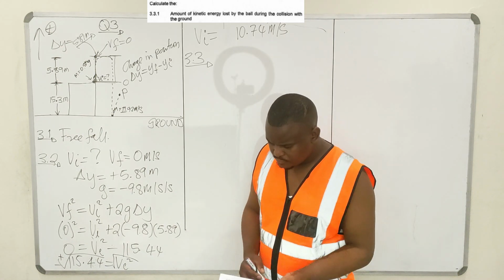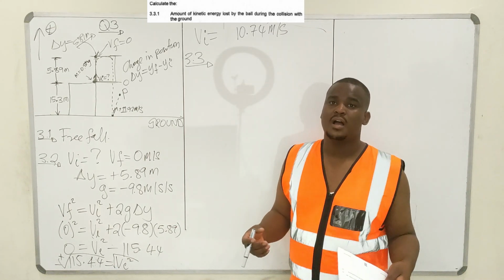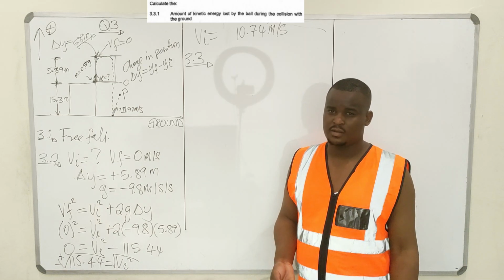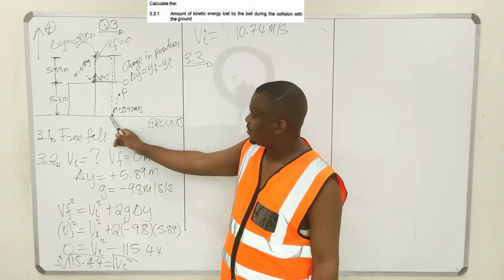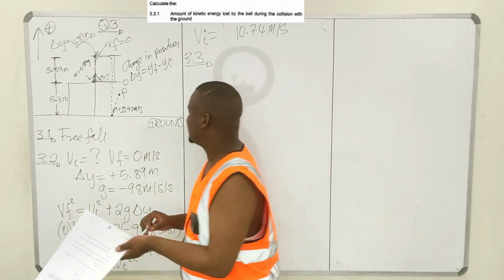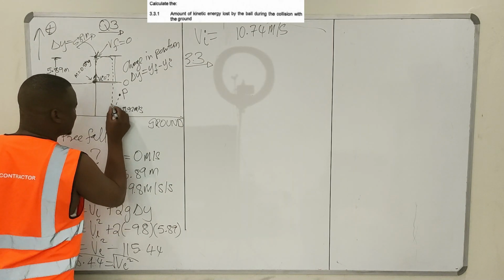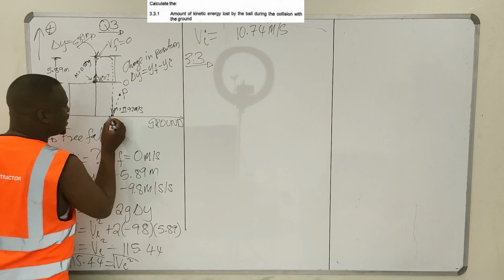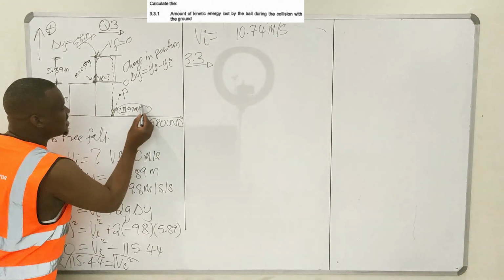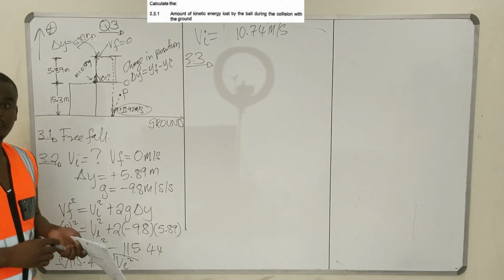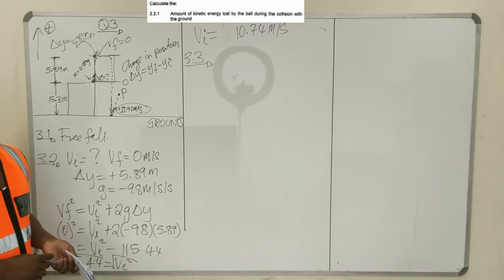No problem. So what is the kinetic energy? What do they mean by kinetic energy lost? When it got here, we need to find what kinetic energy this ball arrived with, the arrival kinetic energy with which the ball hit the ground, and then calculate the kinetic energy with which the ball bounced off, and see if there's a difference between the two, right?